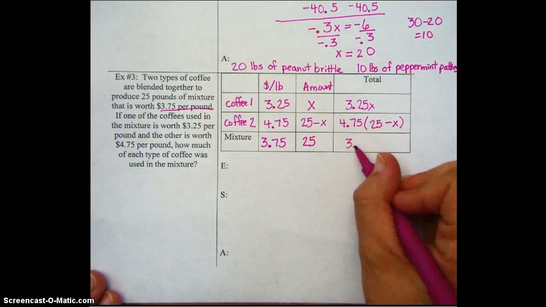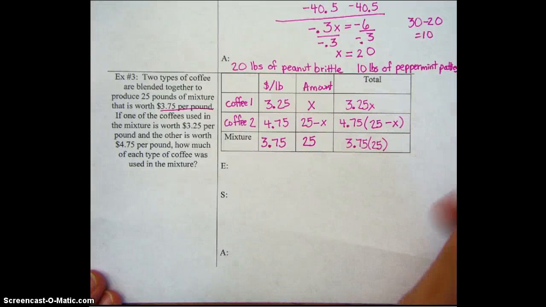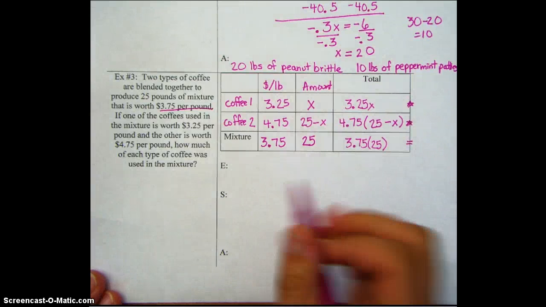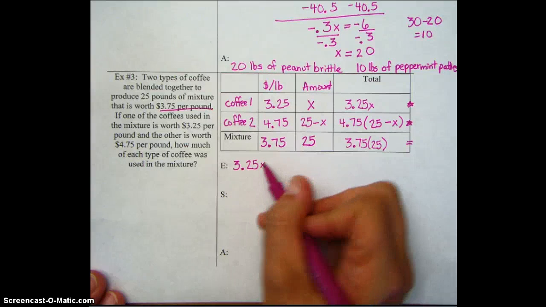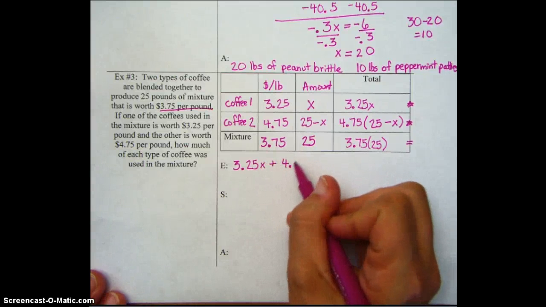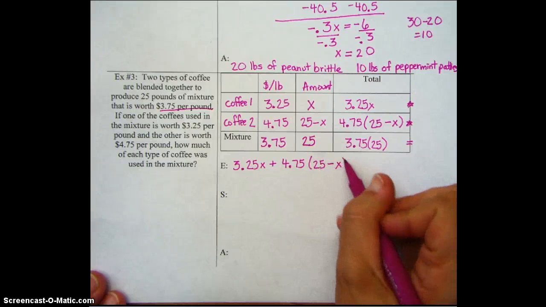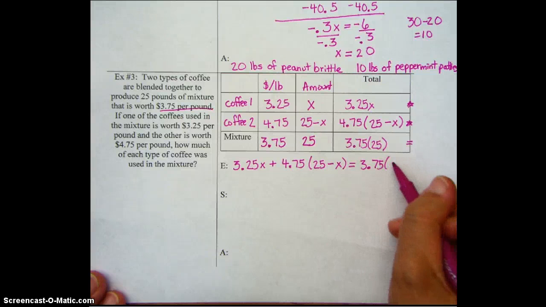Then we will multiply 3.75 multiplied by 25. We're going to add our two items together and set it equal to the bottom. We have 3.25x plus 4.75 multiplied by our quantity 25 minus x equals 3.75 multiplied by 25.